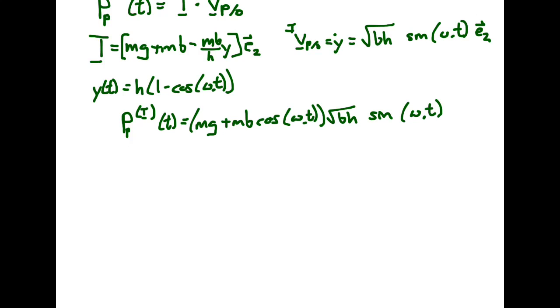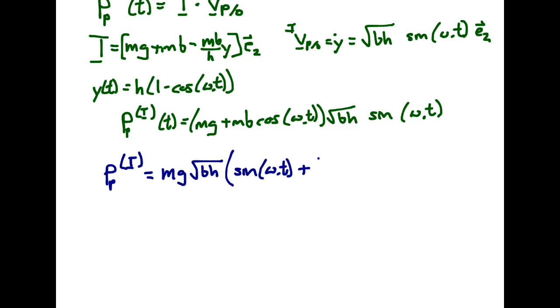So we can rewrite this as the power on point P due to this tension is equal to, and let's just factor out our common terms, where we say our common terms are mg, the square root of bh, and then let's just deal with what's in the middle of this, where we'll have a sine function, so it's sine of omega naught t, plus a combination of these two functions, so b times sine of omega naught t multiplied times cosine of omega naught t. Now let's look at those individual terms.